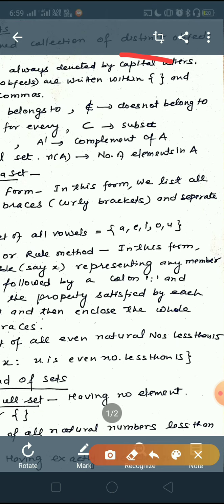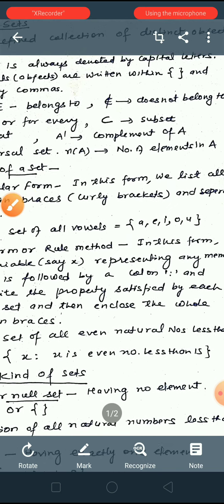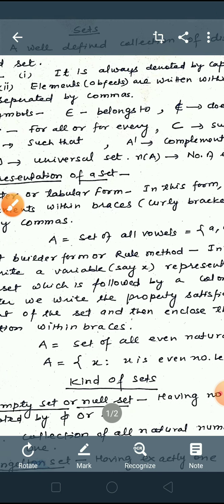And distinct objects means objects will not be repeated, meaning any element will appear only once. An element cannot be written two times. So I think now it is clear what well defined and distinct mean.